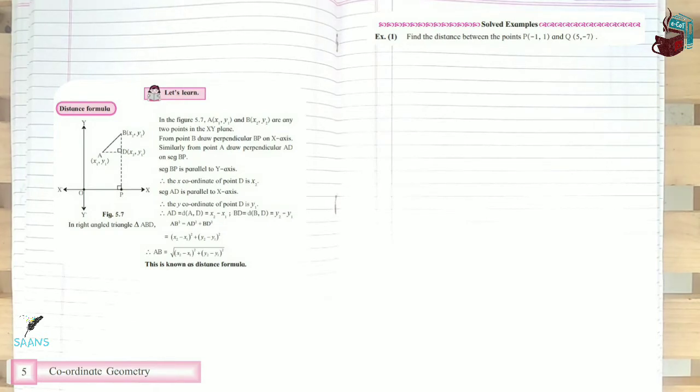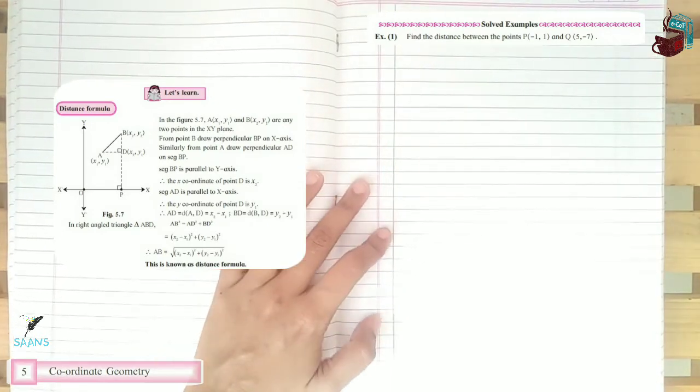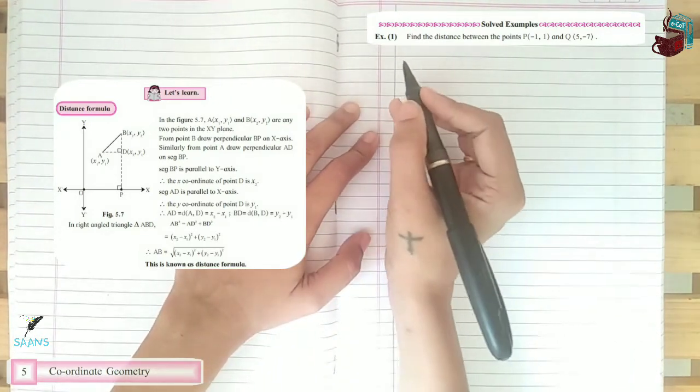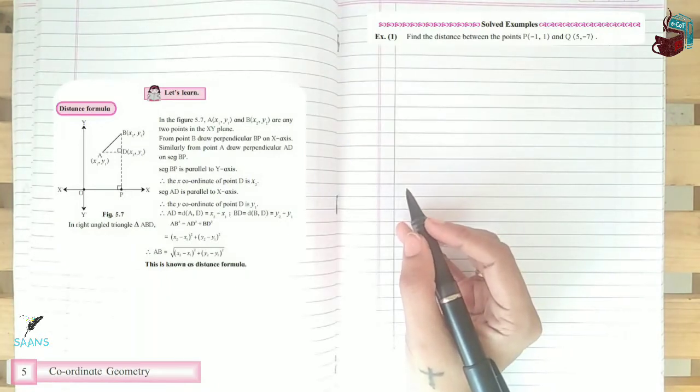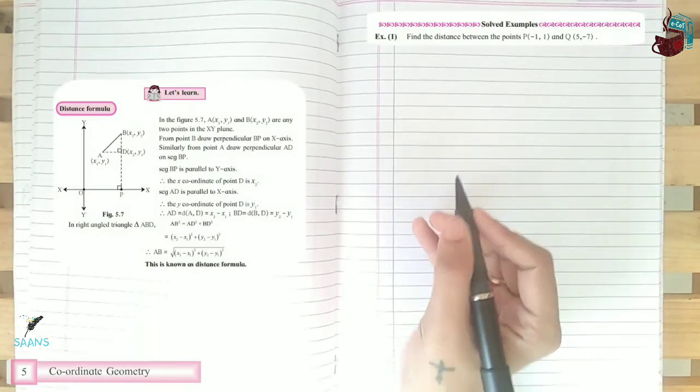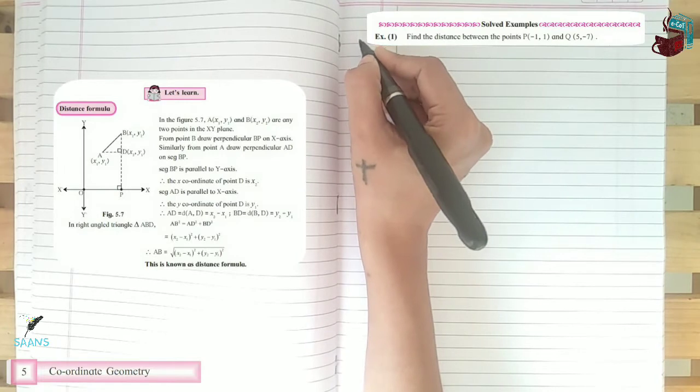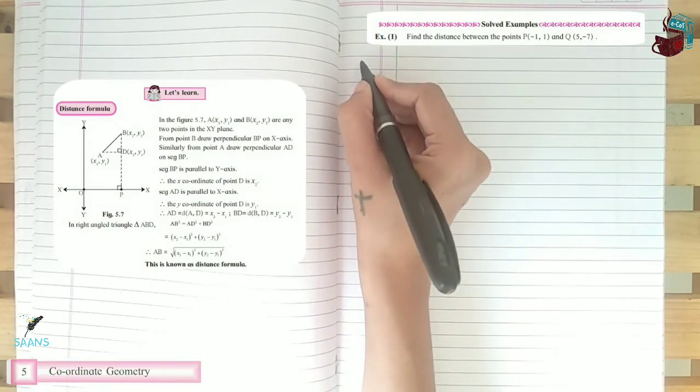So example 1. Find the distance between the points P(minus 1, 1) and Q(5, minus 7). Okay. Let's see. Now we'll write, same approach, given to prove that same thing. Okay. So this is example 1.